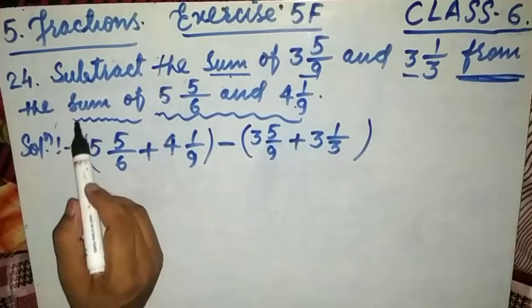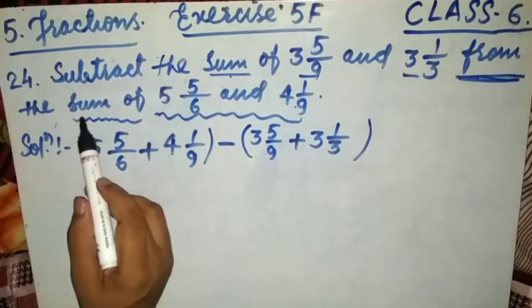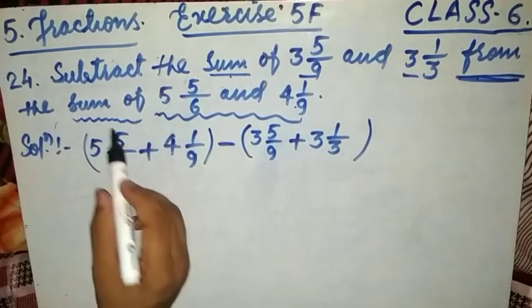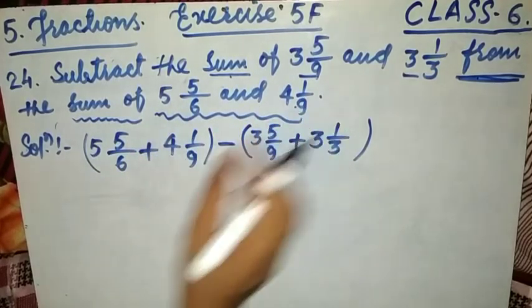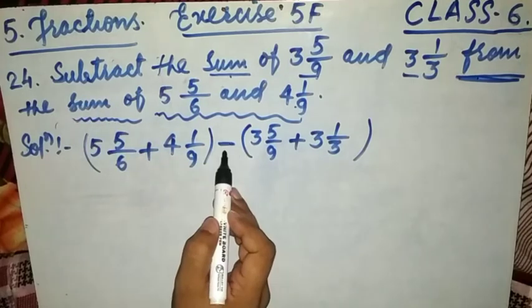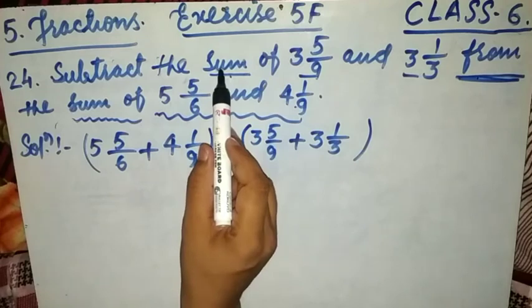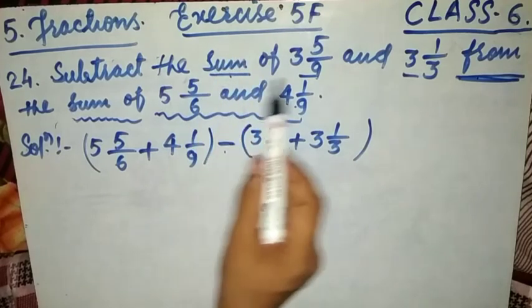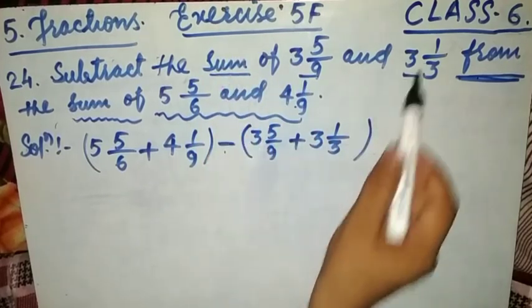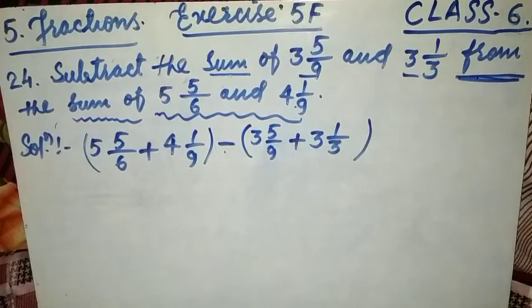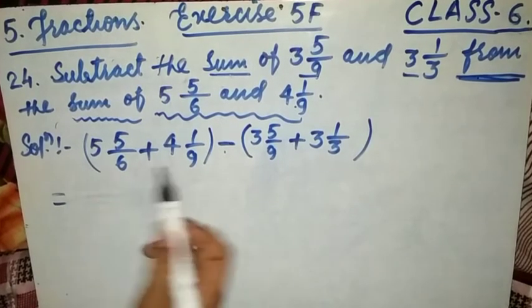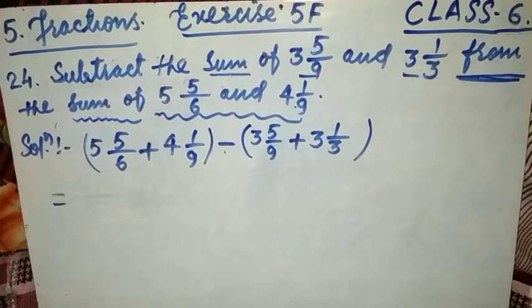Write the same as the statement says. Here the statement says sum of this, so we write the sum of this, then the sum of this, then minus. Then we will write these numbers in sum form, because the sum is written. This sum and this, close bracket. Remember.